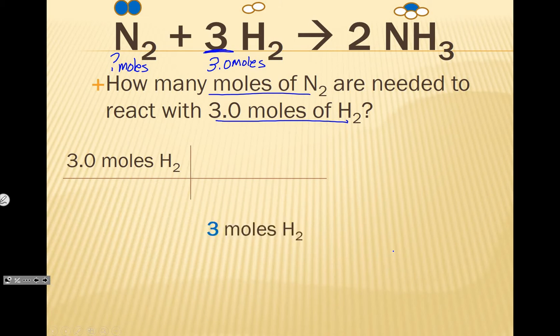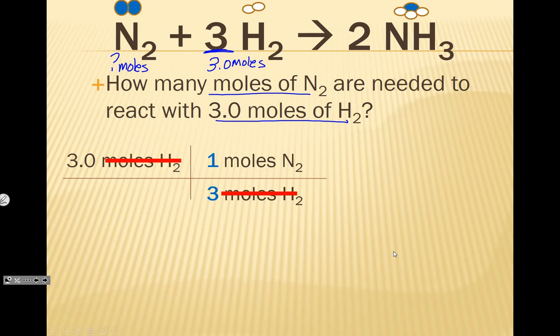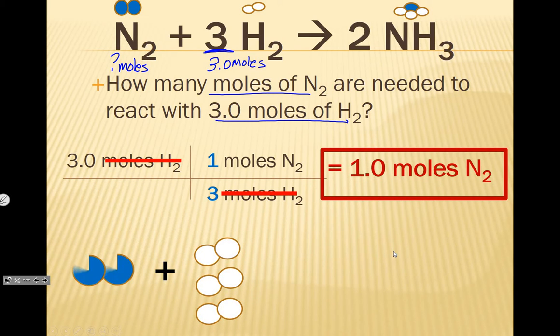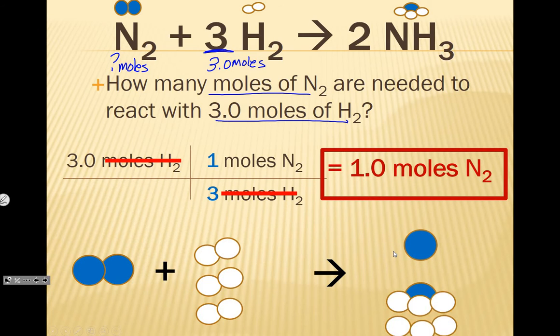So I write 3 moles on the bottom. I want to get moles of N2, so there's a 1 in front of N2. I cancel out my moles of H2. So 3 divided by 3 is 1. So again, looking at what I had, if I had 3 moles of H2, that means I needed 1 mole of N2 to go with it to make 2 moles of NH3.